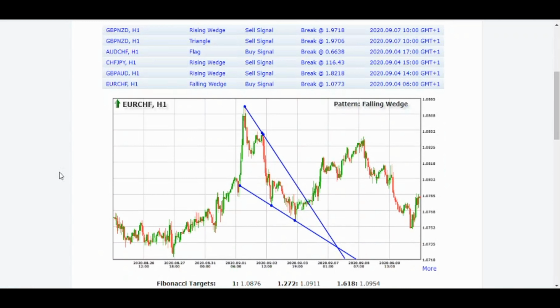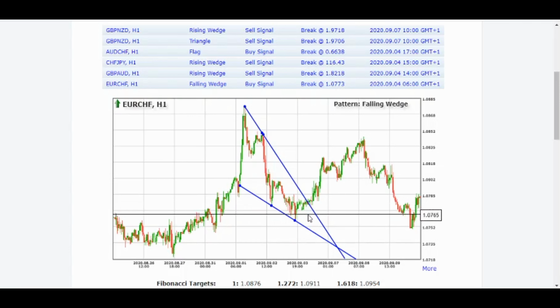Let's jump to the euro and the Swiss franc. It looks like we have a very particular, not an uptrending price action, because we have this consolidation movement here. Then we have a very fickle and strong bullish impulse, and then the price continued to go down, retesting this previous level.